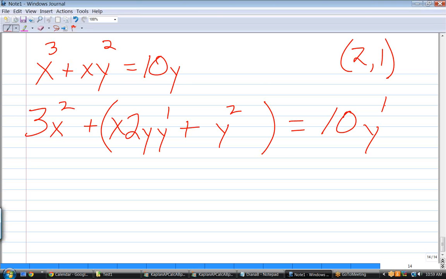Now, we have to solve this for y prime. How do we do that? First of all, I can remove these parentheses because it's a plus sign in front of it. This is tricky, but it's something you definitely want to know how to do. Gather every term that has y prime in it on one side of the equation, and put everything else on the other side.